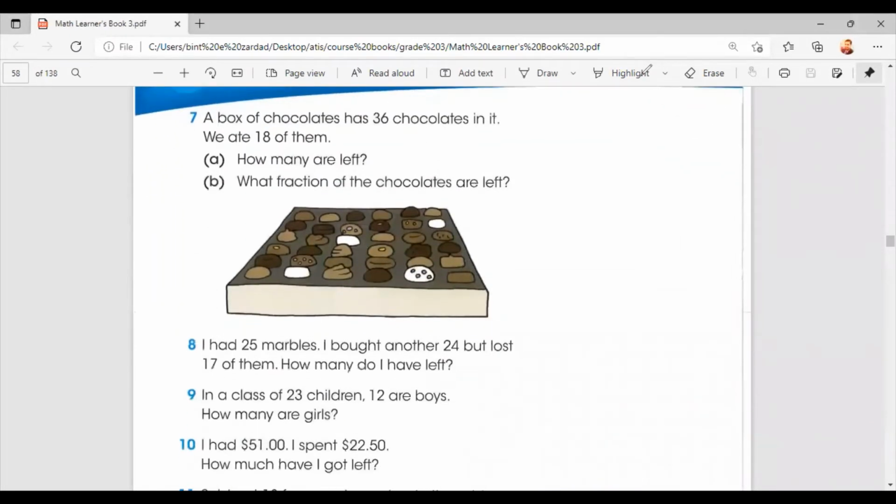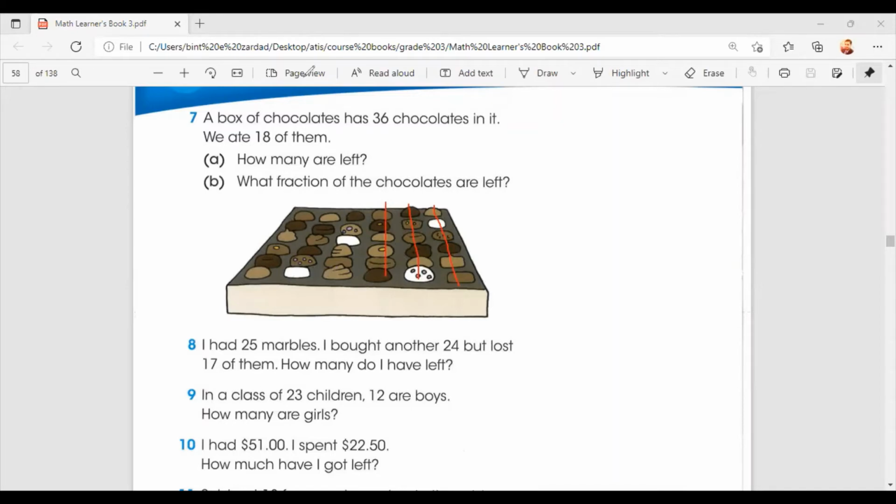Question number 10. A box of chocolates has 36 chocolates in it. We ate 18. How many are left? We are not solving it by calculation, so we can use this picture. Here are 36. So cut 1, 2, 3, 4, 5, 6. Half of it if we cut it. 2 and 3, take 3 remaining. So 6, 12, 18.